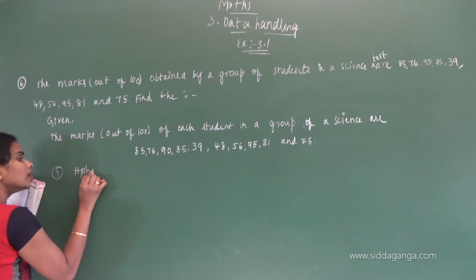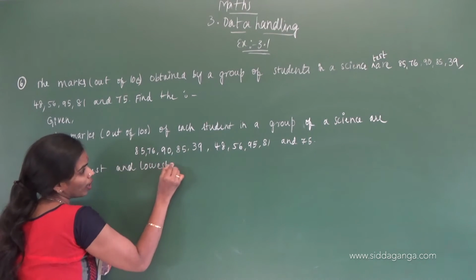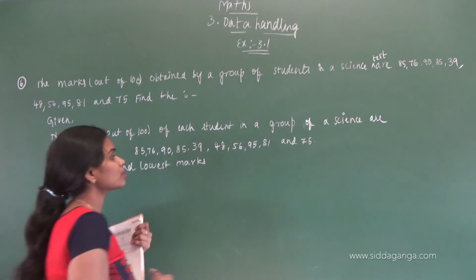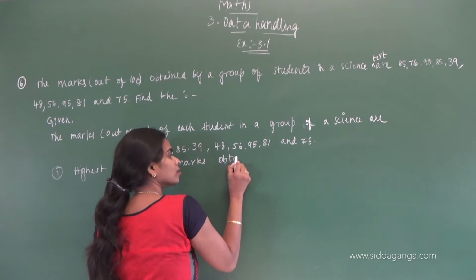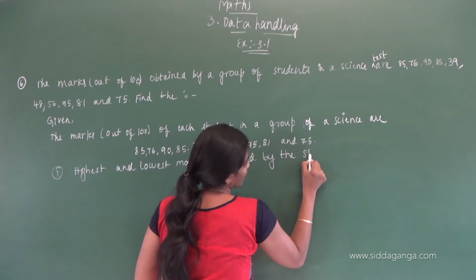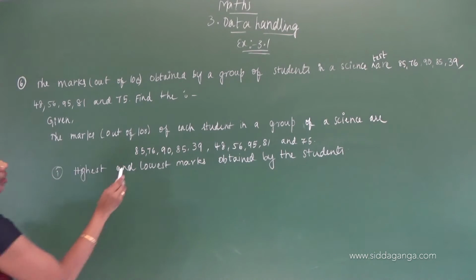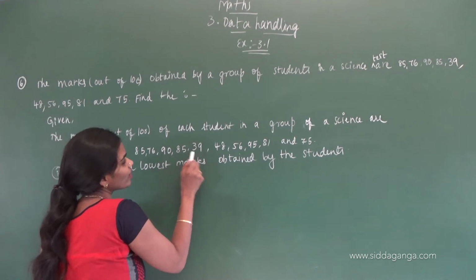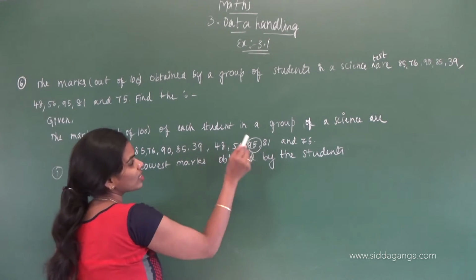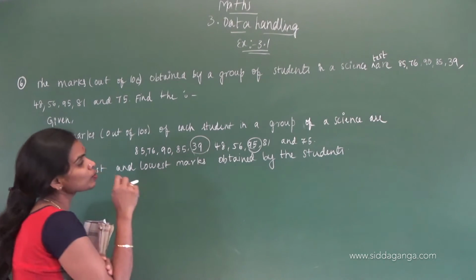Highest mark, what is it here among 85, 76, 90, 85, 39, 48, 56, 95, 81, 75? The highest mark is this one. 95 is the biggest of all and 39 is the smallest, correct.